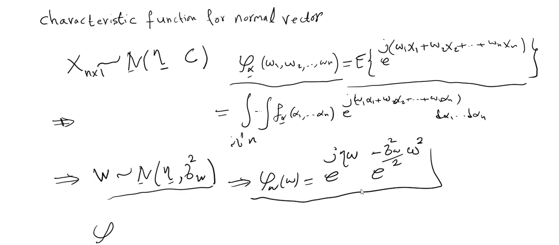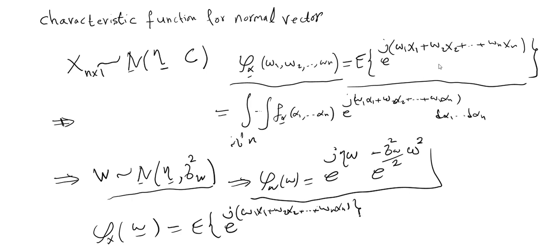And so I need to find, actually, if we consider this combination as W. When we have joint normal variables, you know that a linear combination of these variables is also normal.